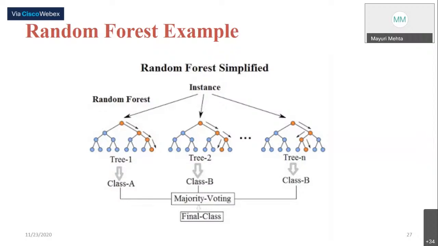Now the vote will be taken on which class is predicted the most number of times. The final prediction result with the most votes will be selected. If 5 different classes have been predicted, then the class predicted more number of times is considered the final output, that is the final class, majority voting, right? So this is how random forest works.